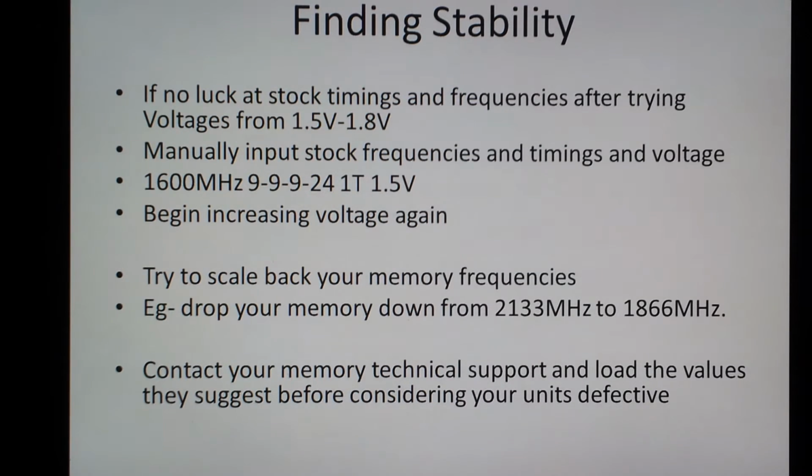So I'm just going to go quickly, and first I'm going to load up the XMP profiles. I'm going to show you what happens when you do that, and if your computer blue screens right away. Then I'm going to show you how to change the voltage, and at the end I will show you how to manually input the timings, frequency, and voltage.